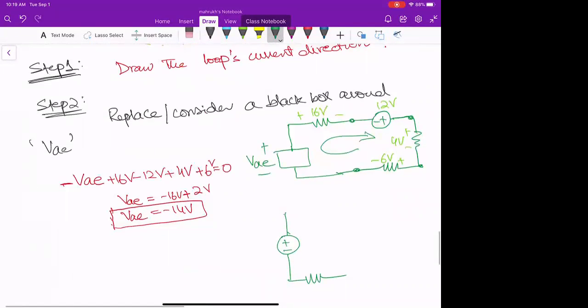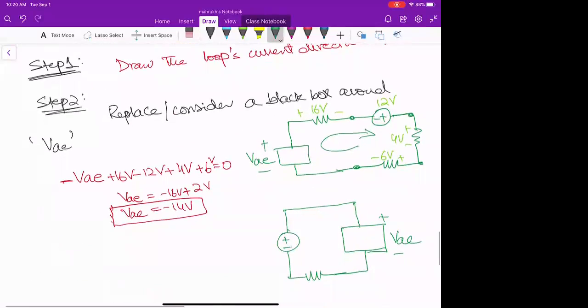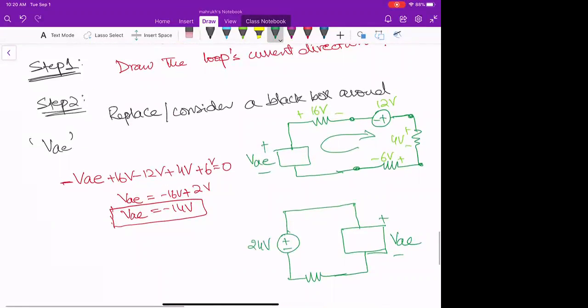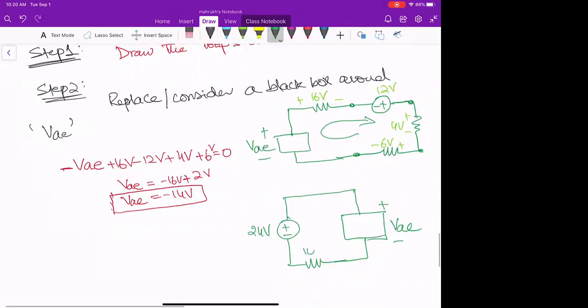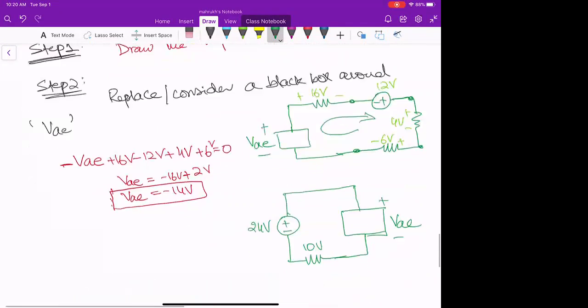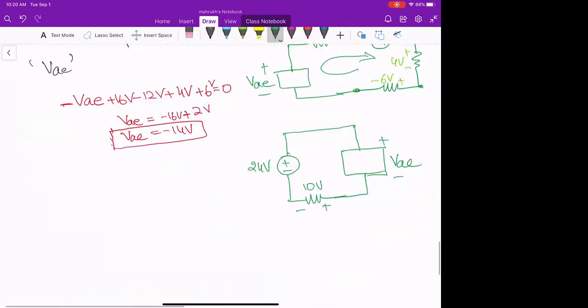So this was my 24 volts. And this was my 10 volts. Okay? Let's write this equation again.